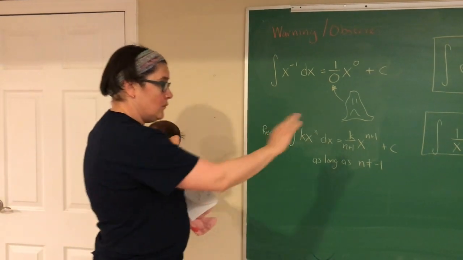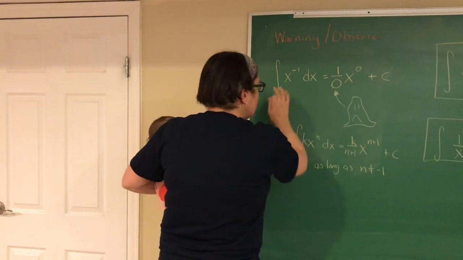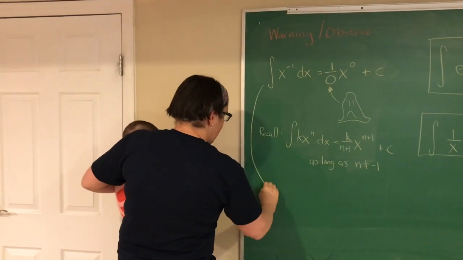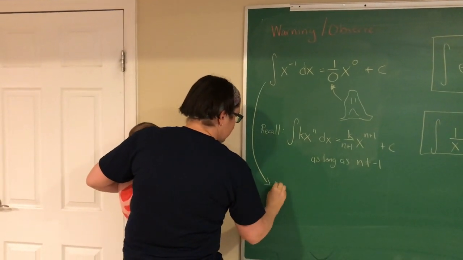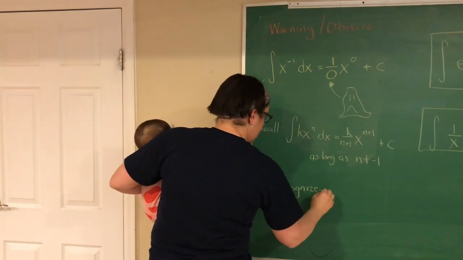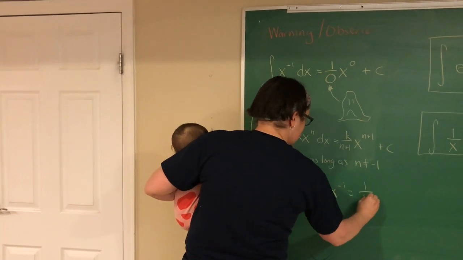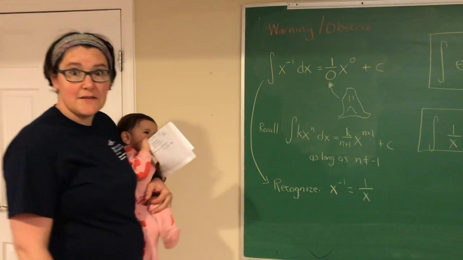Now, we can actually deal with this integral of x to the negative 1 because if you look at x to the negative 1, what you want to do is recognize that x to the negative 1 is the same thing as 1 over x.